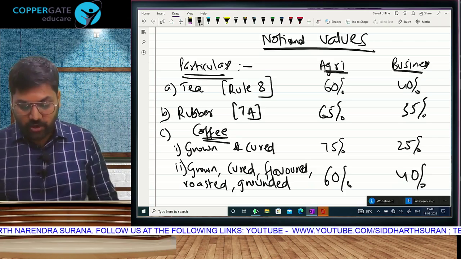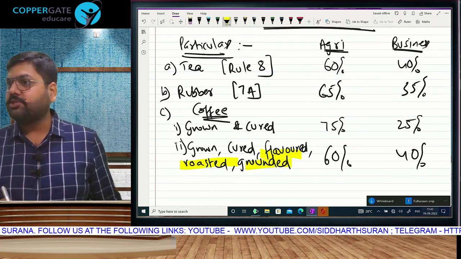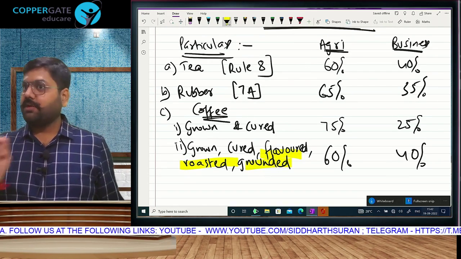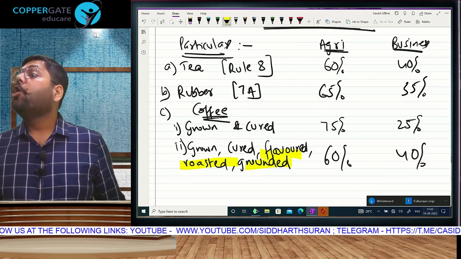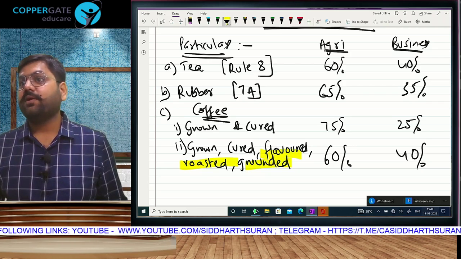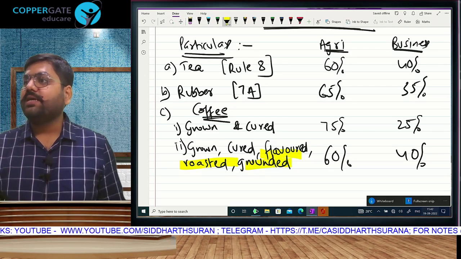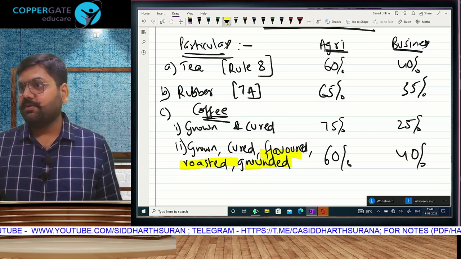But in case any of the other words, flavored, roasted, ground, any of them is used, any one also. Sometimes they say coffee roasted, coffee grown, cured and ground. Then you have to make it 60-40. This is how composite income is going to be segregated into business and agriculture.